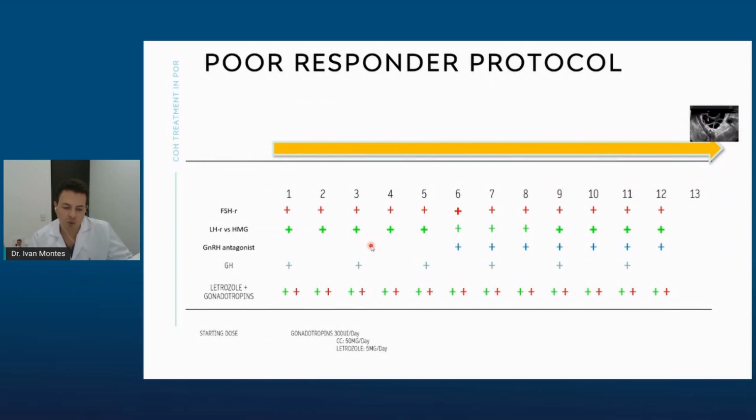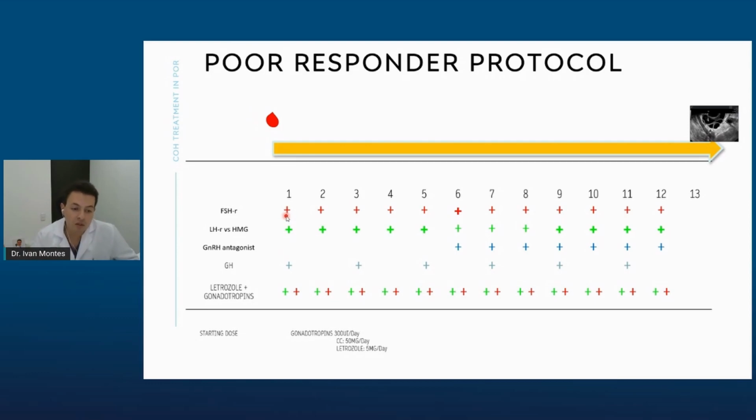This is the protocol that we recommend. First, we're going to use FSH, recombinant FSH, and you can also use recombinant LH, or HMG, that would bring the same result for these patients. You start on the day that her menstrual period comes, both of them between 150 to 300 units in total.